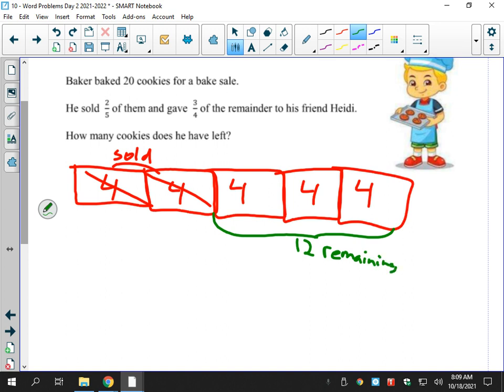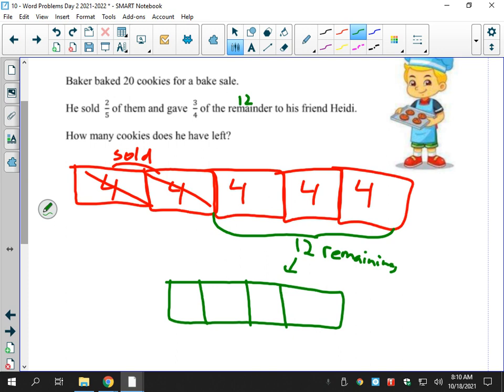Okay. 3/4 of what's remaining, so 3/4 of the 12 remaining, he gives to his friend Heidi. So we're going to take these 12 and split them into fourths. If we have 12, splitting it into fourths, each fourth is going to have 3 cookies, right? 3, 6, 9, 12. 3/4 he gives to Heidi.